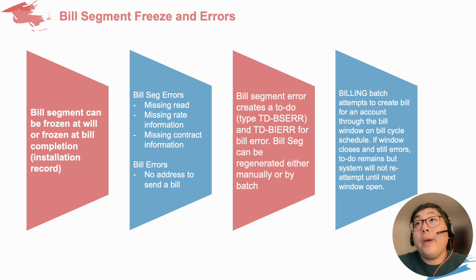If it's still in error at the bill end date, the to-do will remain there, and the system is simply not going to retry it anymore. It's up to the business now to resolve those issues, or otherwise it has to wait for the next window to open.